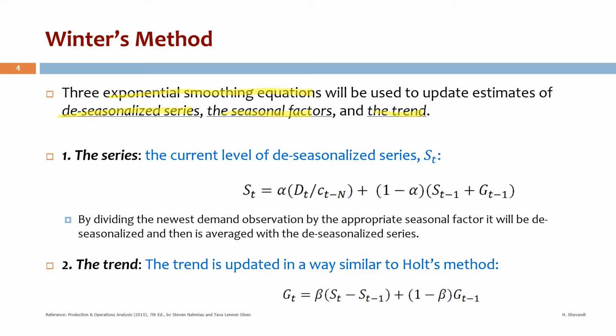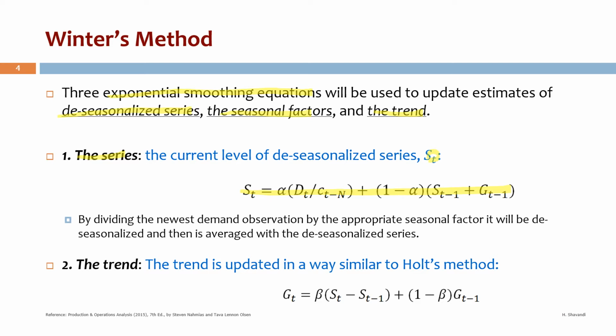So for the series, the current level of the deseasonalized series st will be updated by this exponential smoothing equation. As you see here, we divide dt, the actual demand, by ct minus n. So ct is the seasonal factor, right?